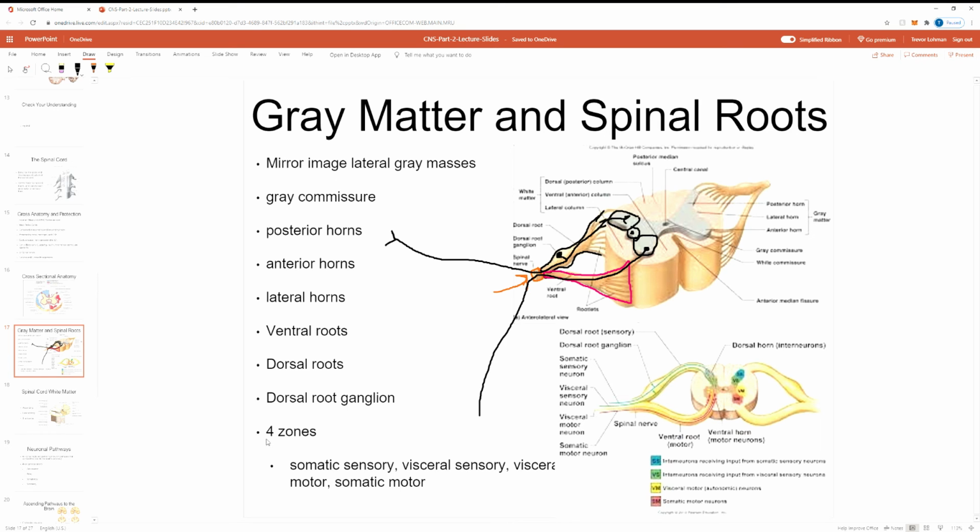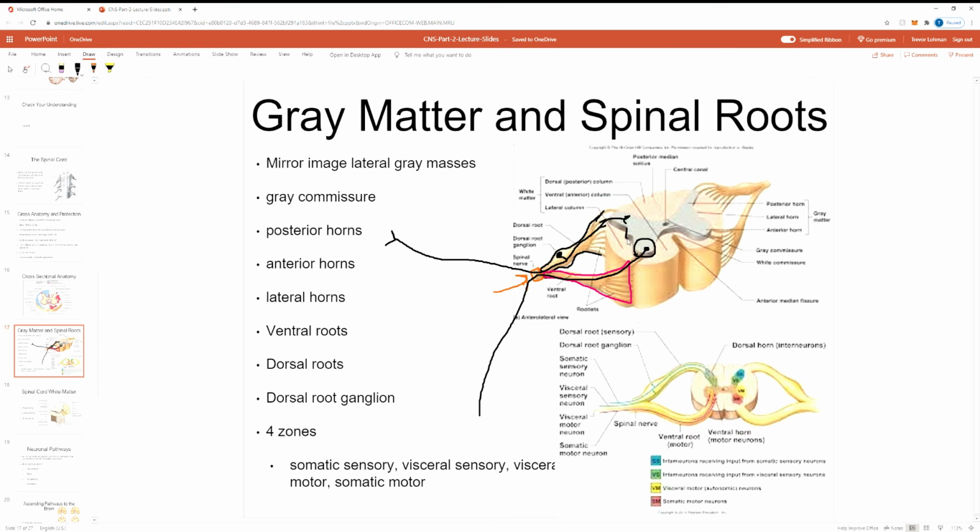Four zones. This just addresses something that we've already addressed, but we're going to add some more detail to it now. So there are four zones of the gray matter. Somatic motor, we already talked about that. The anterior horn contains cell bodies for somatic motor neurons, neurons that innervate skeletal muscle.